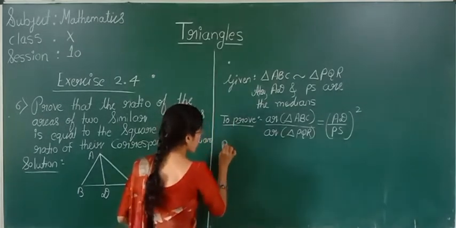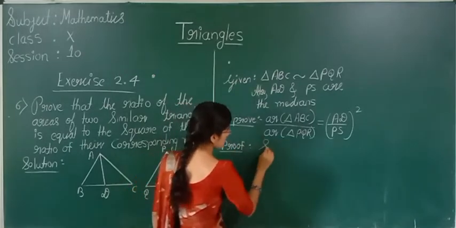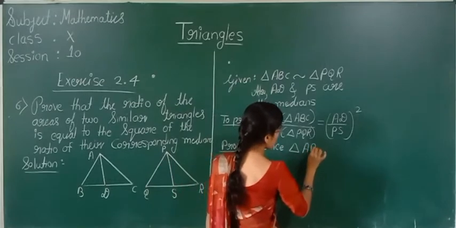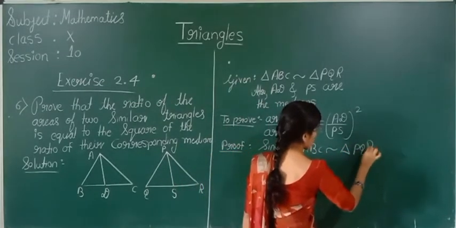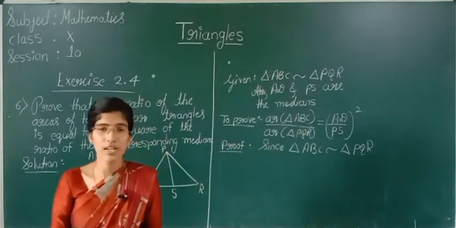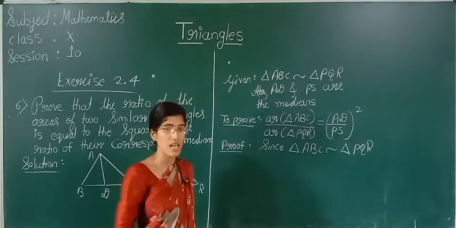Okay, proof. Since we knew that triangle ABC is similar to triangle PQR, if two triangles are similar, definitely their corresponding sides are in the same ratio, right?